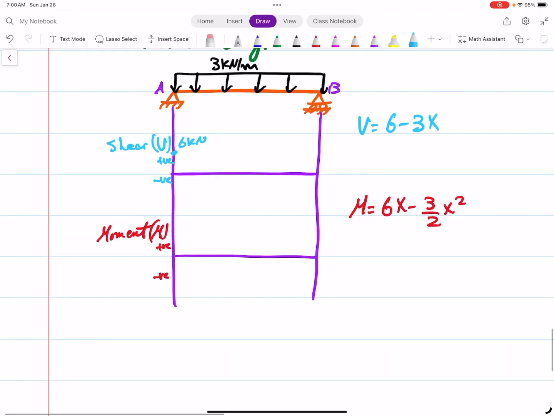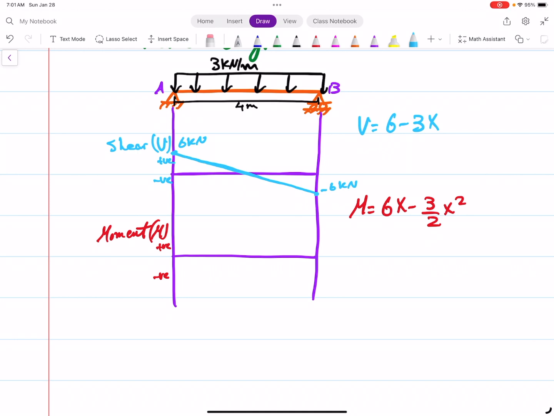And then for x equals 4, the length here is 4 meters. For x equals 4, this would be 6 minus 12. So it will be negative 6. So you will go here, negative 6. And then you will join these two together.